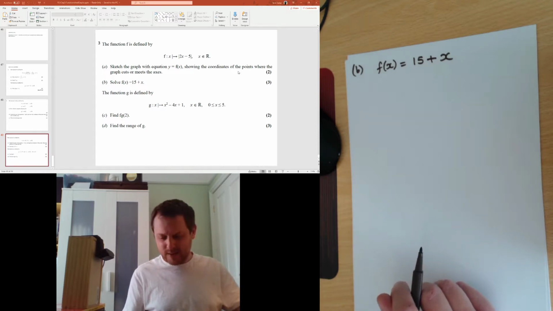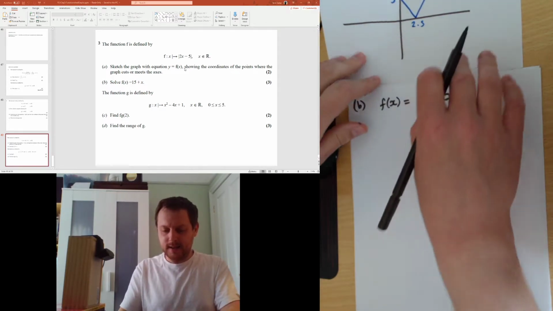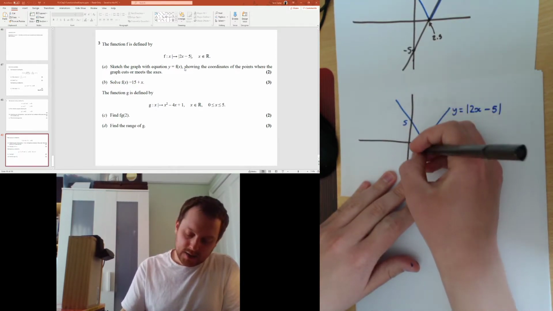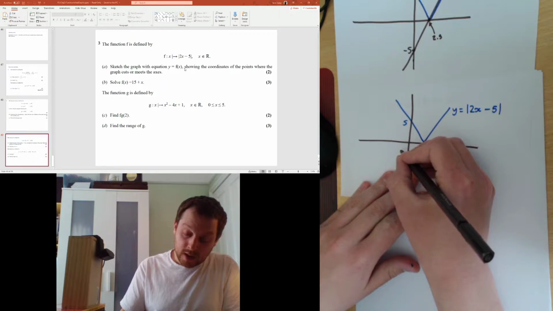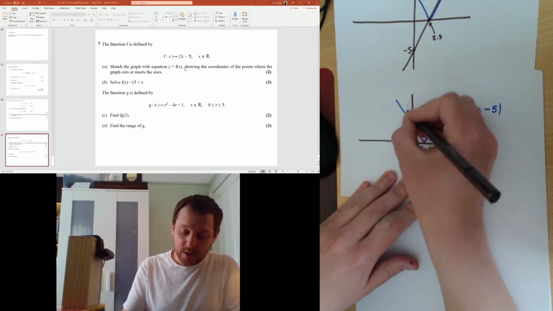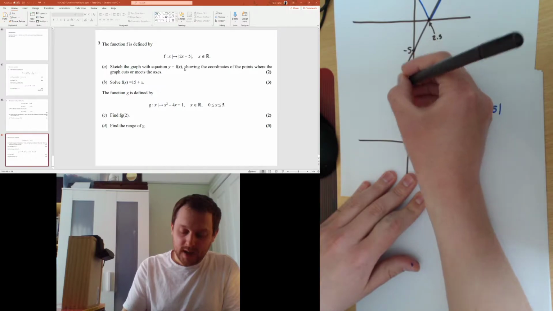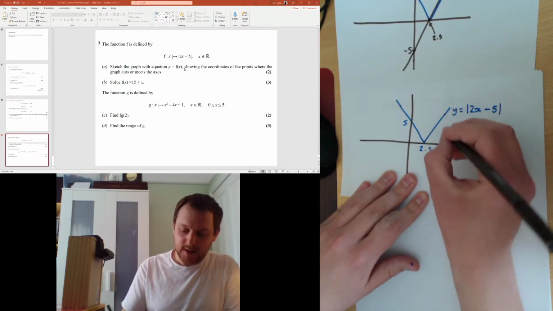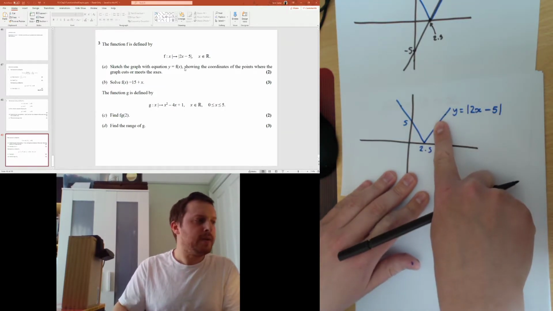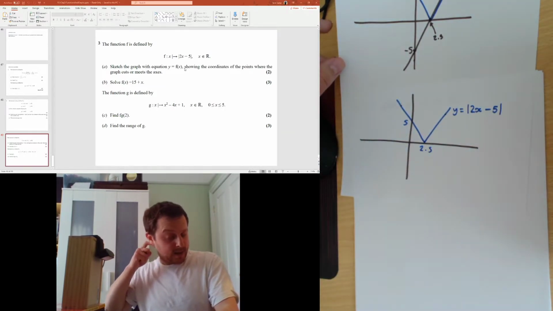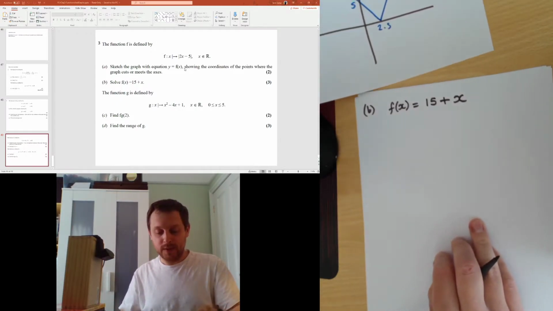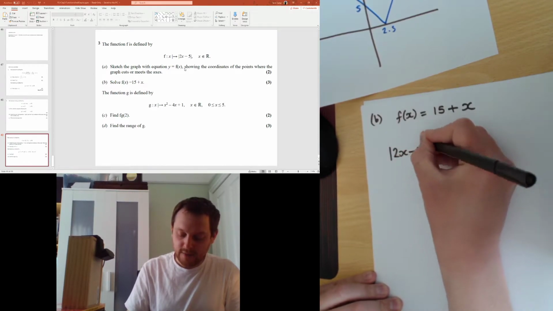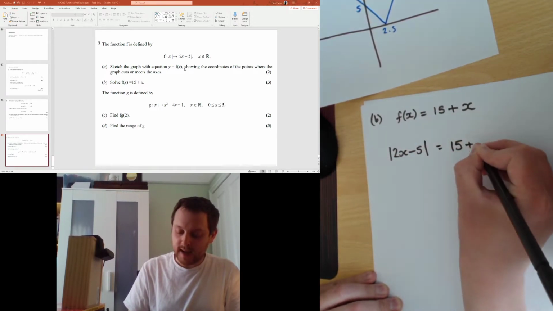So if you look at the original picture, 15 add x will, well, it has a gradient of 1, and it goes all the way up at 15, it's definitely going to cross this, and it's definitely going to cross this, because that one there has a steeper gradient. So you can definitely set it equal to both of these things. So what you're going to do is you're going to write 2x minus 5 is equal to 15 add x.